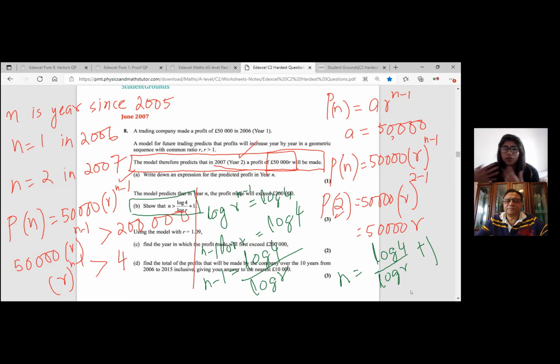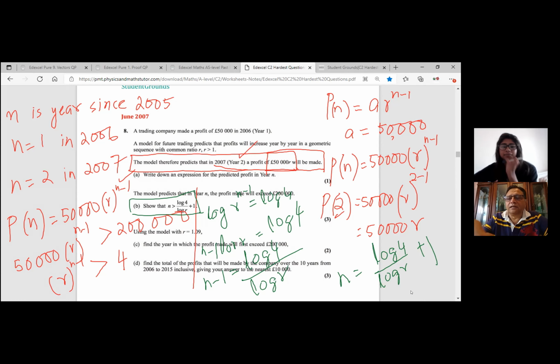As you follow through it, like any algebraic equation, we divided both sides by 50,000, and then we got r to the power of n minus 1 greater than 4. Then we took logs on both sides and got the value of n, which was required. Correct. So Amy, write down these formulas, because for part C and D, we might just need them.